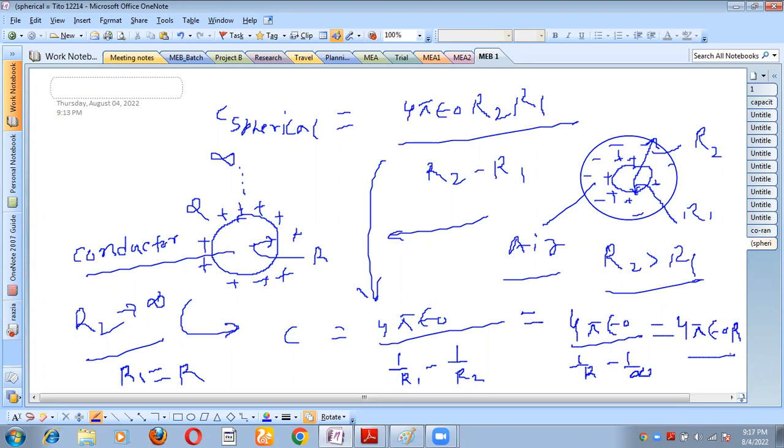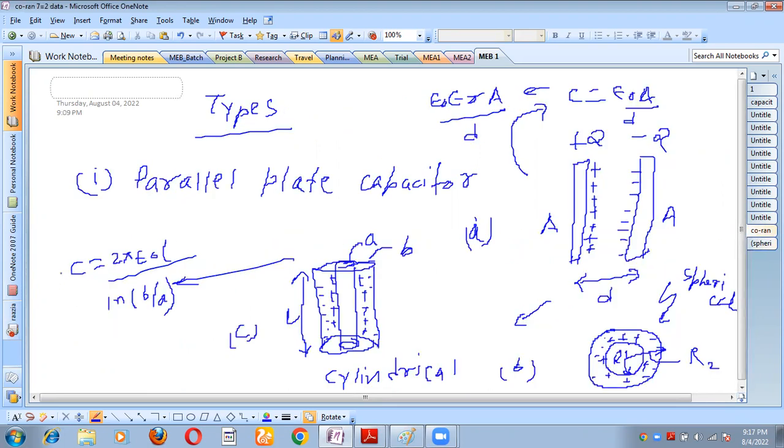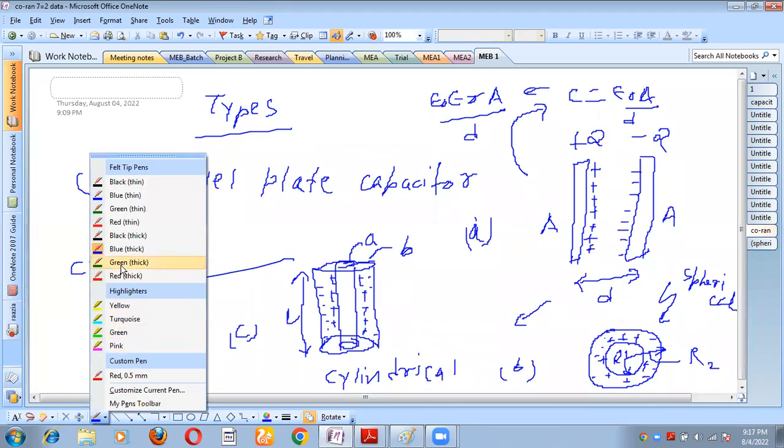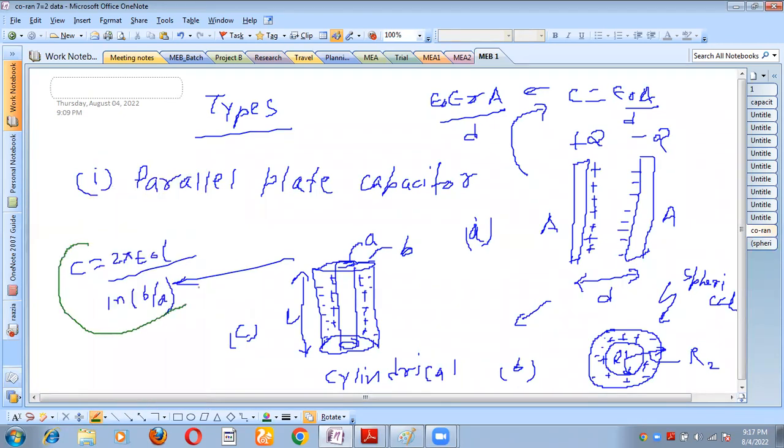In all the expressions, you will find nowhere any charge or potential. Only geometric things are there: A, B, L, these are geometrical things. So nowhere do you get charge in the expression of capacitance.